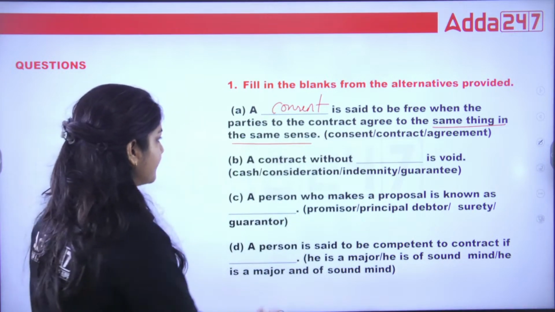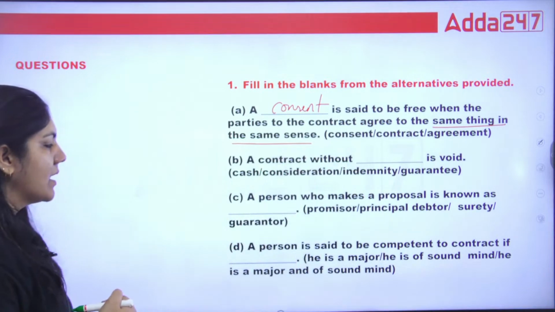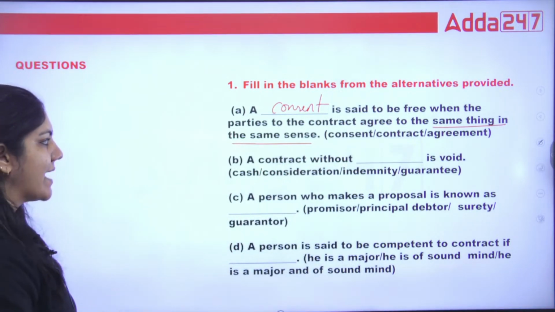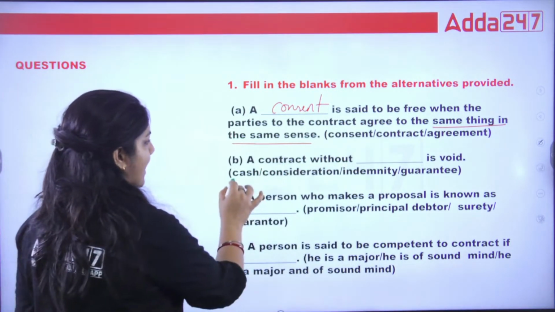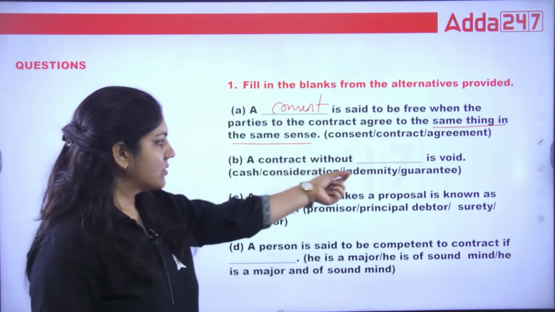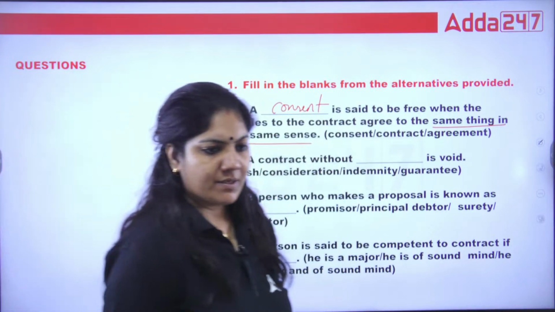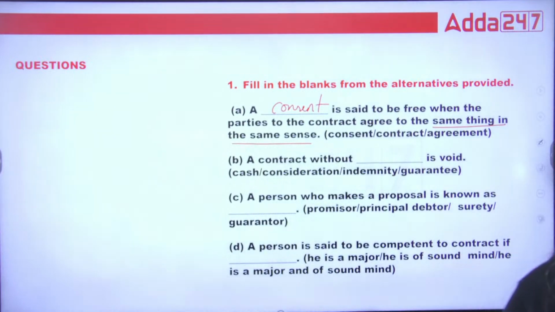That's it. A contract without dash is void. What? A contract without dash is void. Cash, consideration, indemnity, guarantee. A contract without what thing should be void? There are 4 options here.